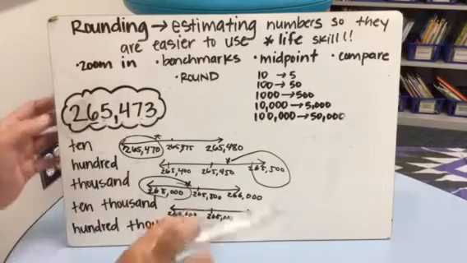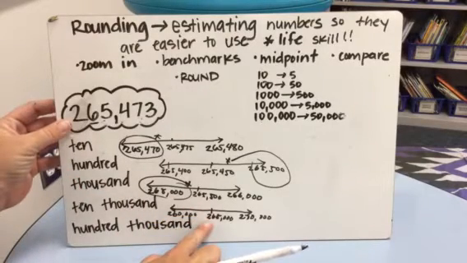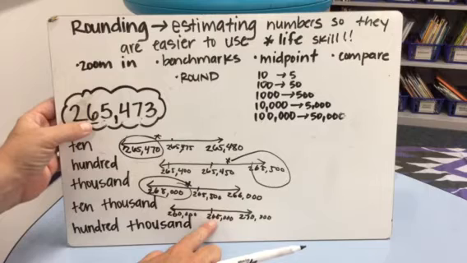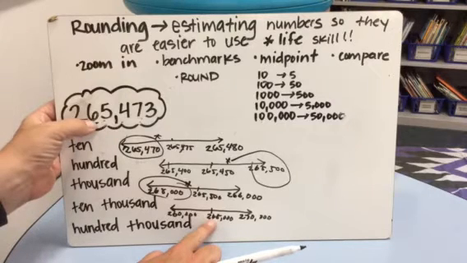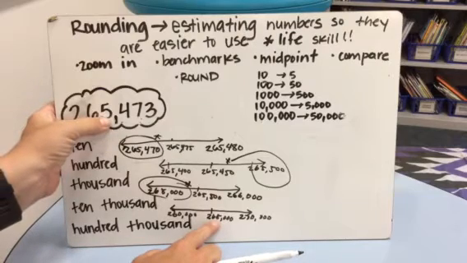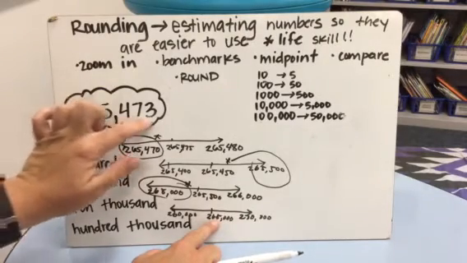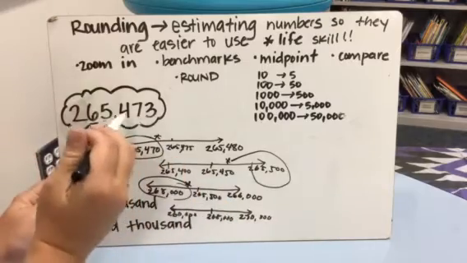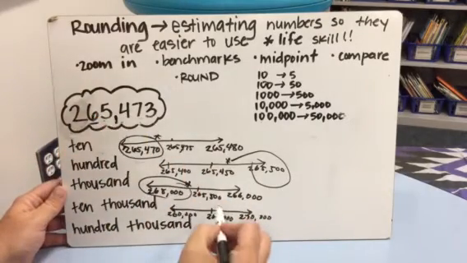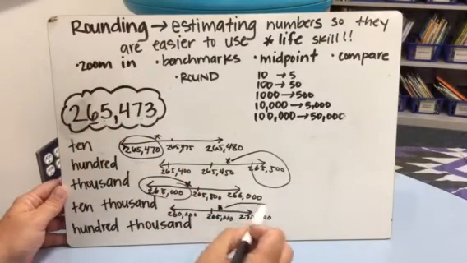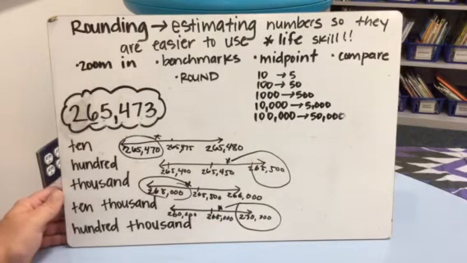All right, now when I look, the 100,000s are the same. The 10,000s are the same. The thousands are the same, and this has more hundreds and tens and ones. So it would be about right here on the number line. So I would round up.